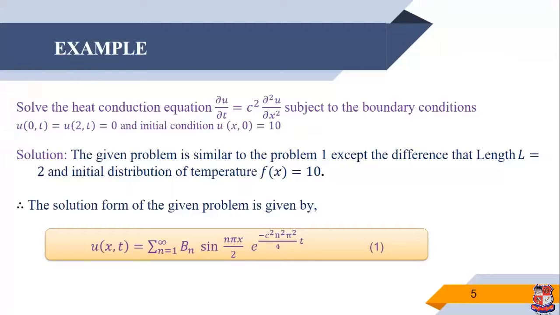Example 1: solve the heat conduction equation del u by del t is equal to c square del square u by del x square, subject to the boundary condition u(0,t) is equal to u(2,t) is equal to 0 and initial condition u(x,0) is equal to 10.